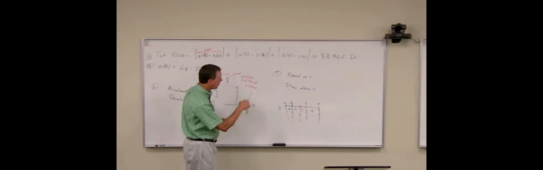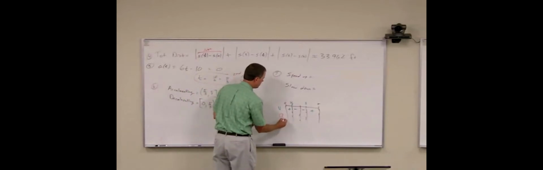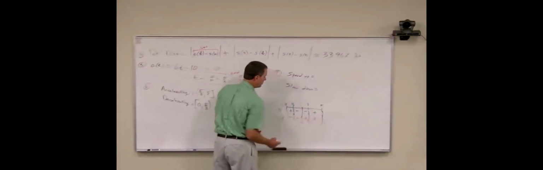So I'm going to think of this as distinct regions. I got a region here, here, here. My velocity is negative in this region, even though it's split up by the red mark, but that's still negative. And then the acceleration is negative to the left of the red mark, positive to the right of it.